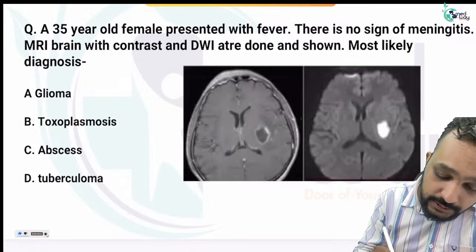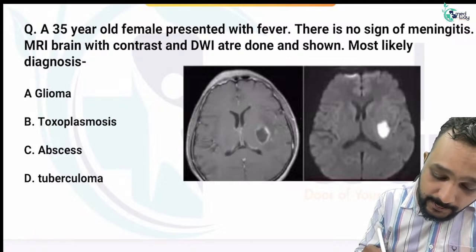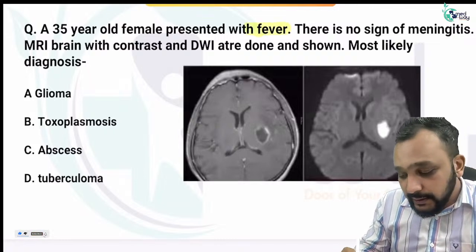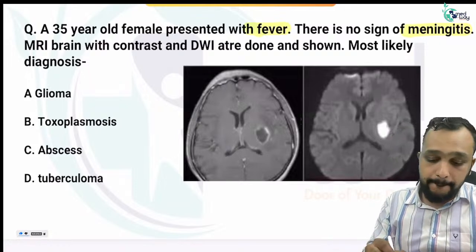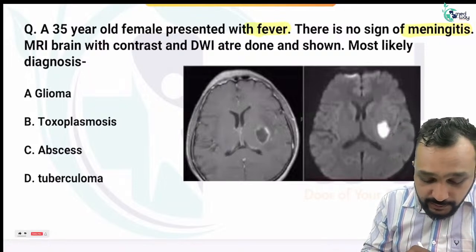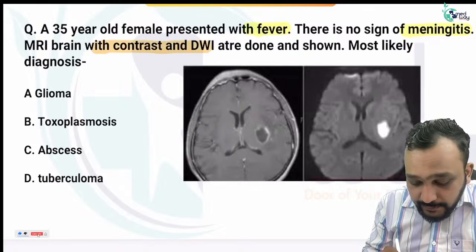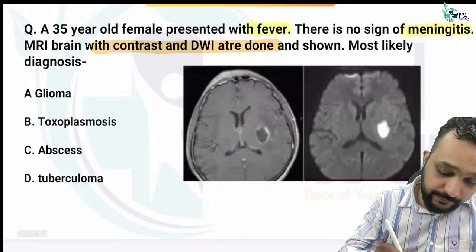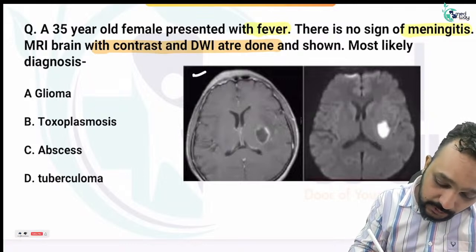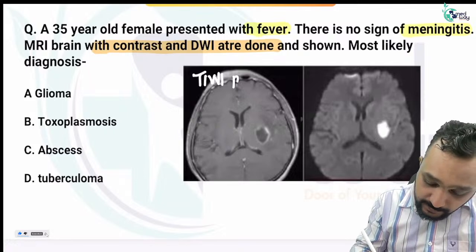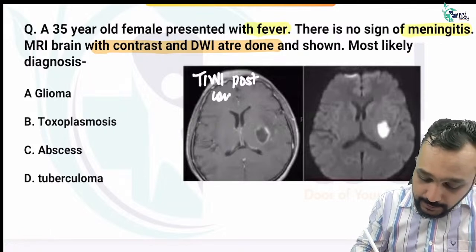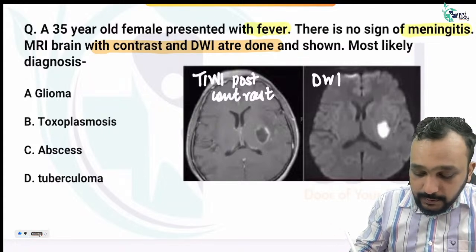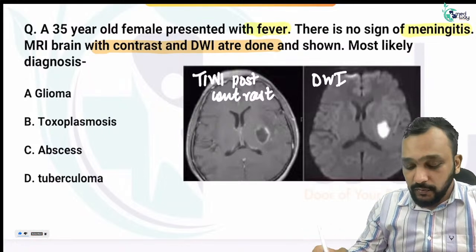Talking about another question, they had given you a patient who presented with fever, with no sign of meningitis, and an MRI brain with diffusion weighted images was given. These are the post contrast T1 weighted images, and the second image was that of a diffusion weighted image.